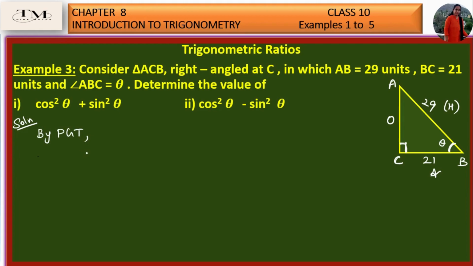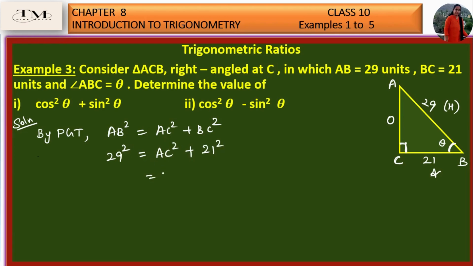By PGT, hypotenuse square, so AB square will be equal to AC square plus BC square. What is AB square? AB square is 29 square. AC square we don't know. What is BC square? It is 21 square.